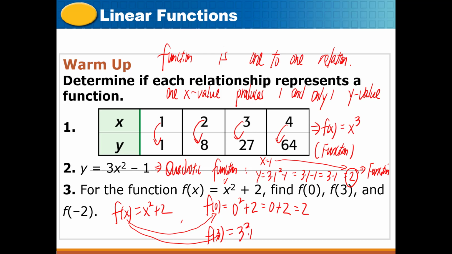So 3 squared plus 2, that's 11. f of negative 2: x becomes negative 2, so we get negative 2 squared plus 2. Negative 2 squared is 4, plus 2, that's 6. Again, it's a function because one x value creates only one y value here.